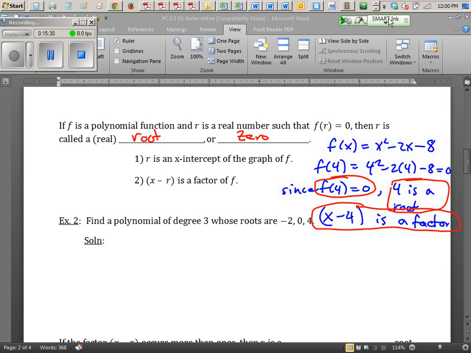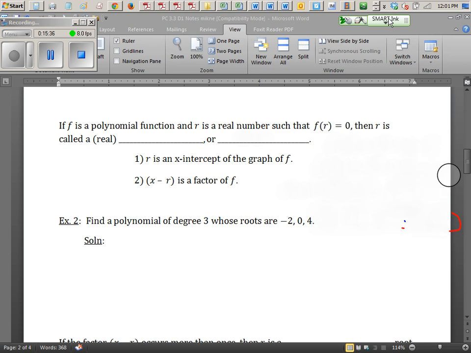Let's talk about how you would construct a polynomial if you were given the roots. Okay, so you've actually done this before, too, in your Algebra 2 book. Okay, so if negative 2 is a root, then x plus 2 is a factor. And if 0 is a root, then x minus 0 is a factor. And if 4 is a root, then x minus 4 is a factor. These are your factors.